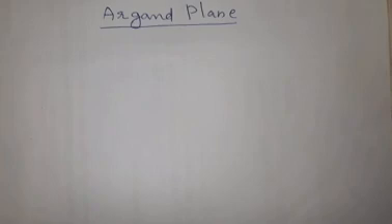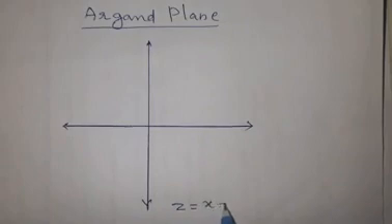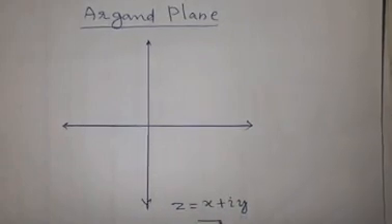Argand plane. A plane in which every point corresponds to a complex number is called the Argand plane. In the Argand plane, x-axis is called the real axis and y-axis is called the imaginary axis. In the Argand plane, z is equal to x plus iy. The complex number z is equal to x plus iy corresponds to the point xy.